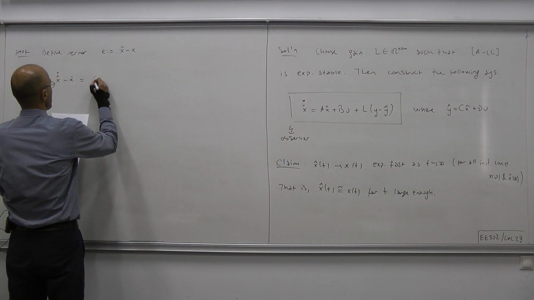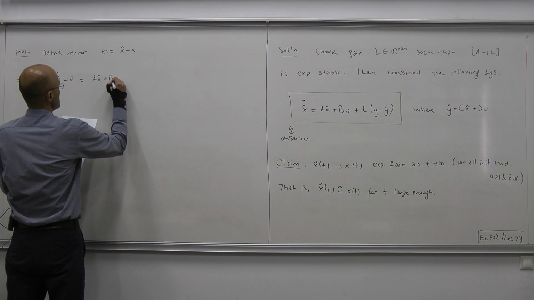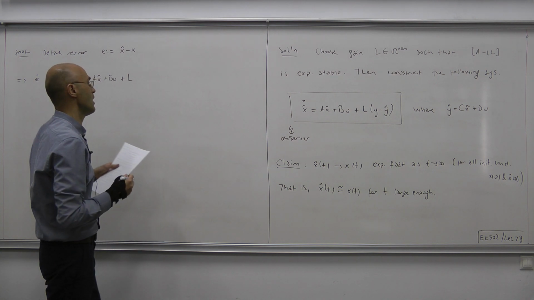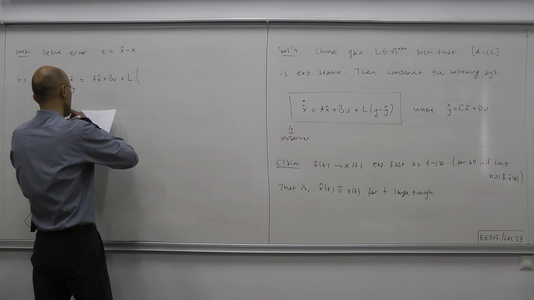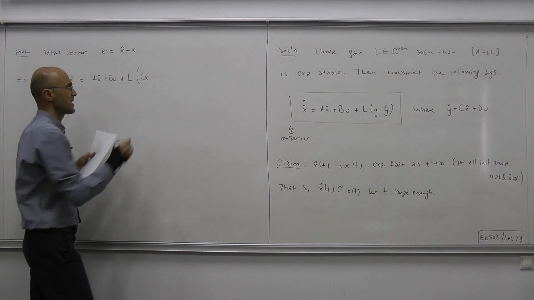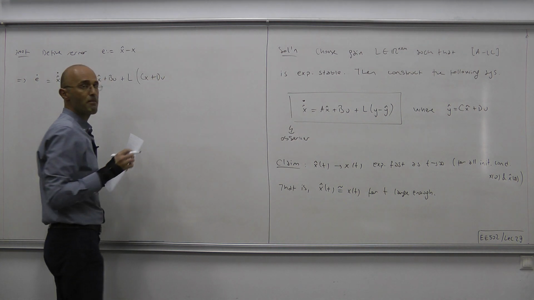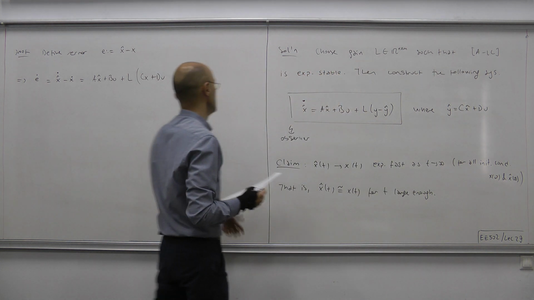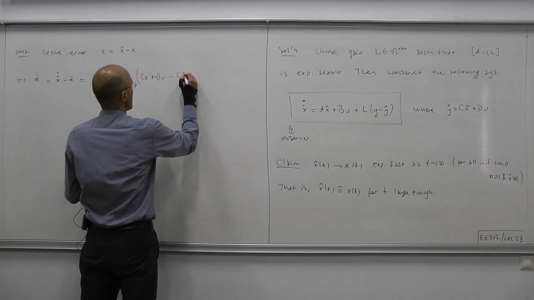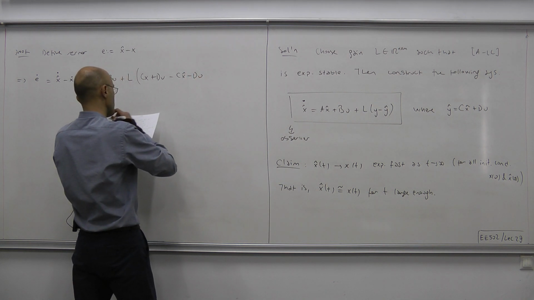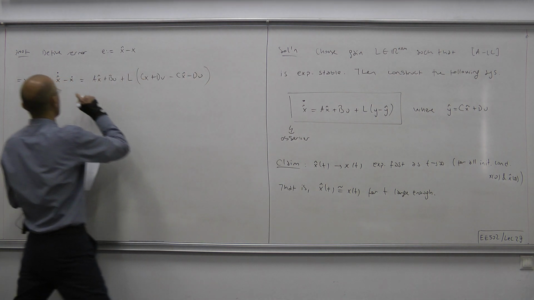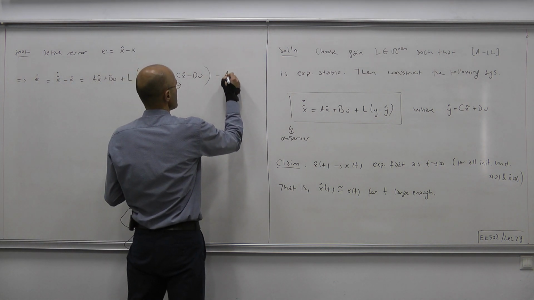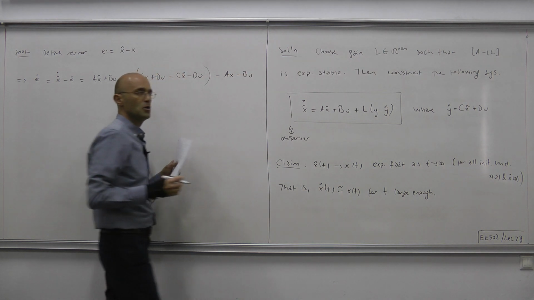So let's write that down: A x hat plus B u plus L times the correction term y minus y hat, where y was Cx plus Du and y hat is C x hat plus D u, and then we have minus x dot. x dot was Ax plus Bu, so we have minus Ax minus Bu.